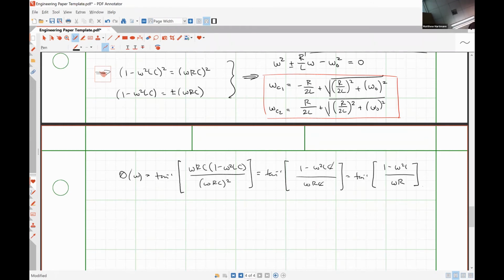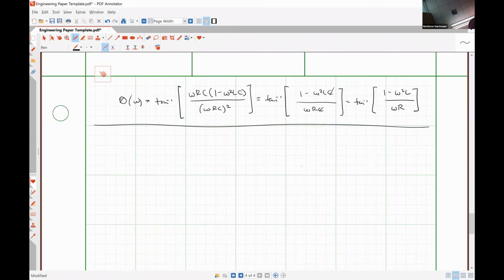Let's look at a slightly different filter.